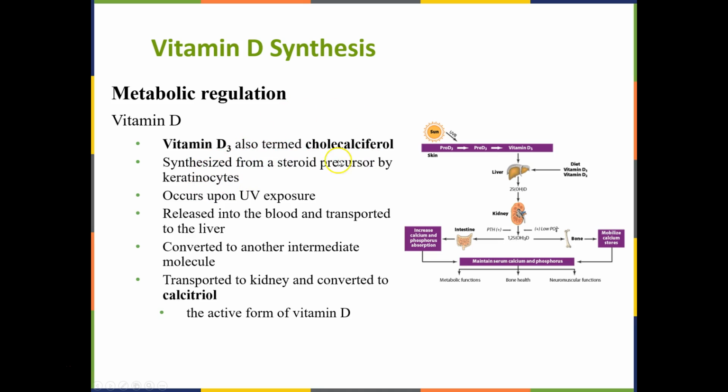Keratinocytes produce a precursor to vitamin D known as cholecalciferol. Cholecalciferol, which is a pre-vitamin D, that's what I typically call it, is produced upon UV radiation. So when UV radiation hits our skin, it activates the production of cholecalciferol. This is important.